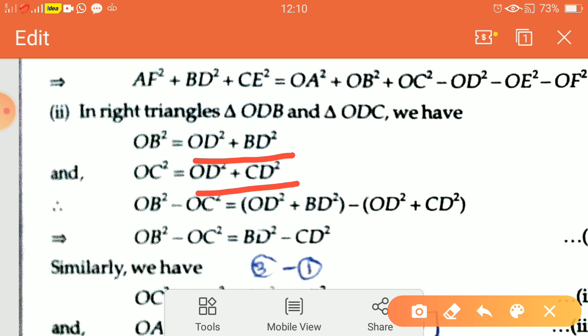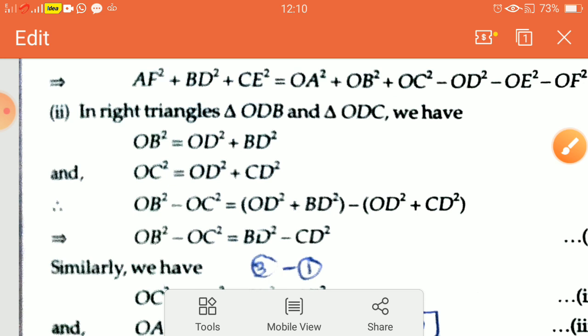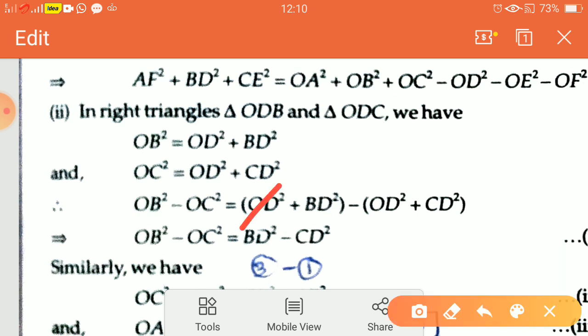And now OD square will get cancelled. We will get BD square minus CD square, because outside the bracket there is a minus sign, so the inner signs will get changed. So OB square minus OC square is equal to BD square minus CD square.